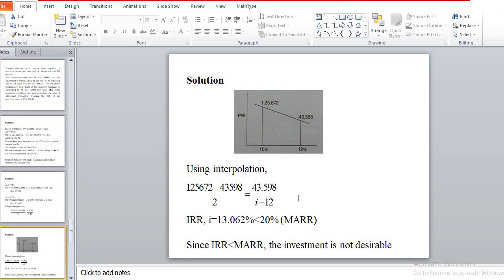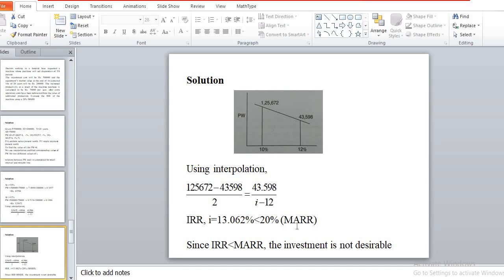By solving this, we get the interest rate I, the internal rate of return, as 13.062.